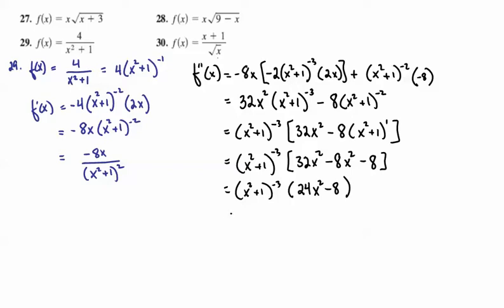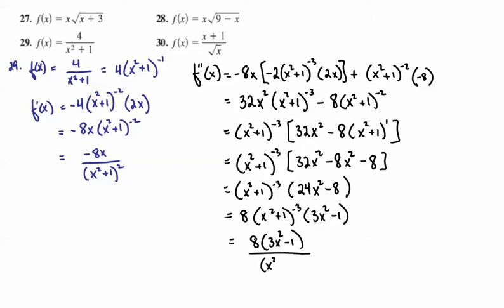From this we can factor out an 8, and we get (x squared plus 1) to the negative third times 3x squared minus 1. Now that can be written as 3x squared minus 1 over (x squared plus 1) to the third power. Now it may be possible to factor, but we're not going to get too much out of that process.